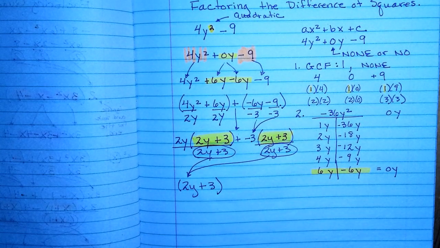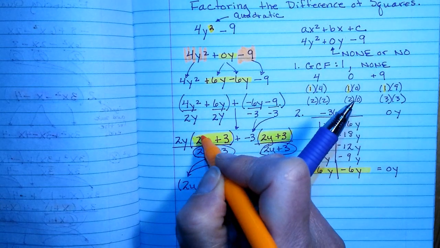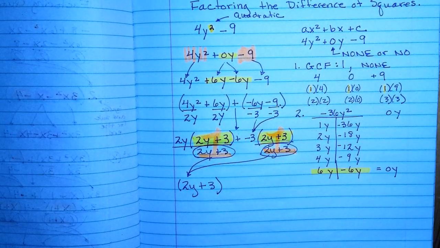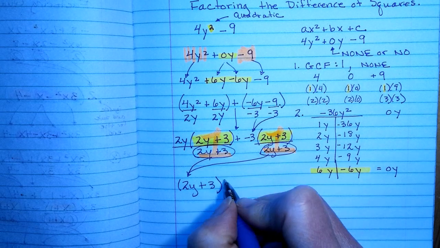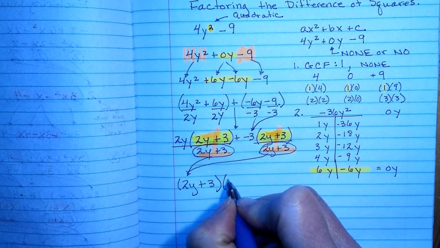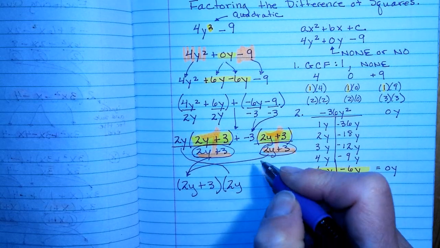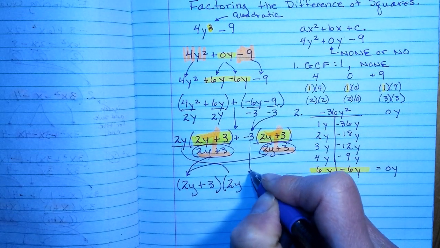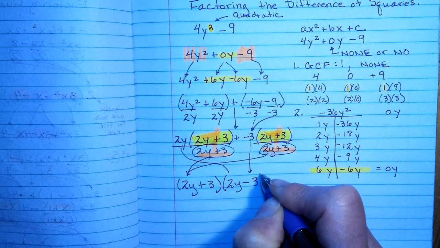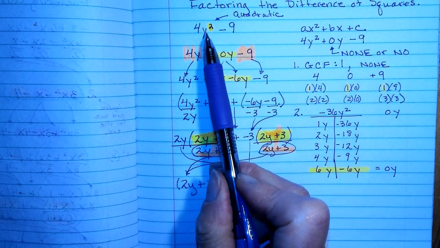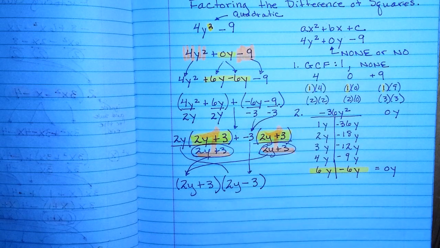So remember that 2y plus 3 divided by 2y plus 3 is 1. So then that leaves me with my other binomial, which is 2y, that's this one right here, and minus 3. So I've just factored 4y squared minus 9.